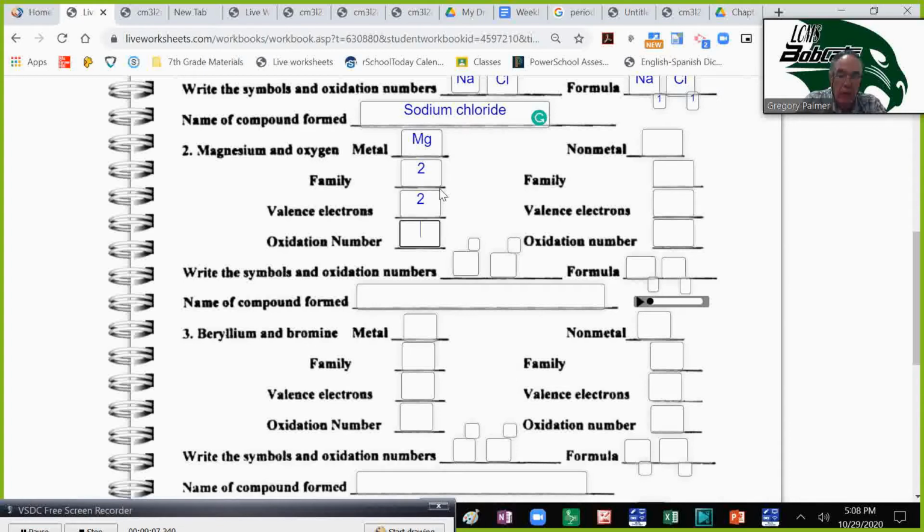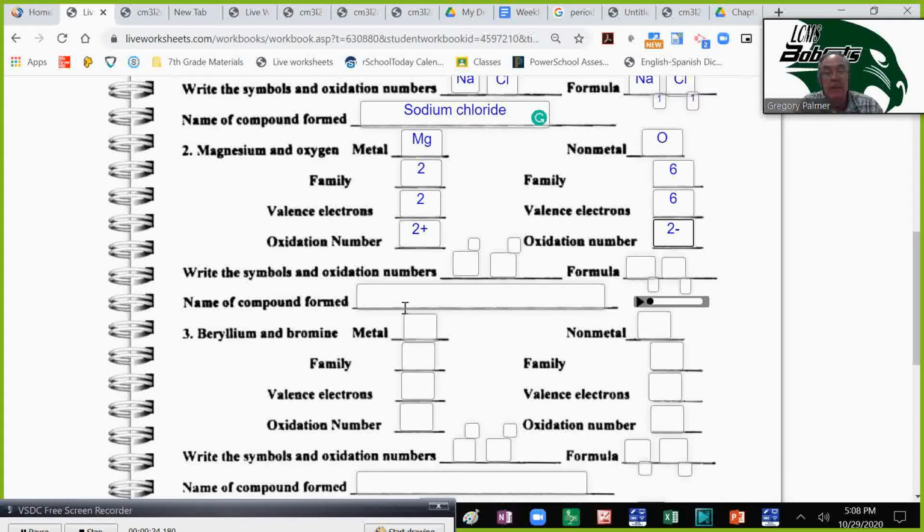And for families 1, 2, and 3, we said the oxidation number is the same as the family number. Our nonmetal is oxygen. We just looked, it was in family 6, it has 6 valence electrons. And on the last page, we said for families 5, 6, 7, and 8, it's the number of electrons needed to total 8. Well, we have 6 electrons. 2 more would get us to a total of 8.